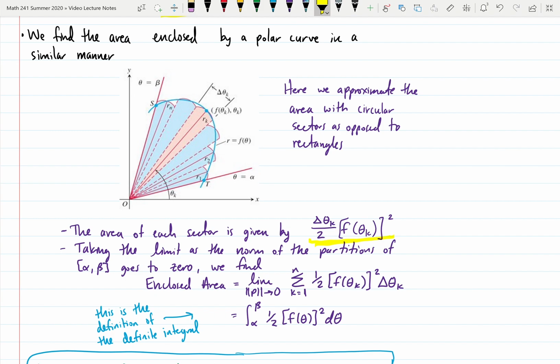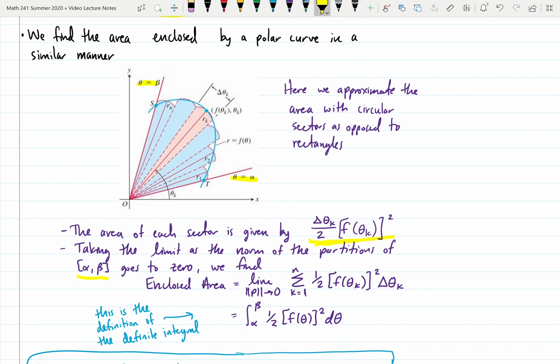And as we take the limit of the norm of the partitions of alpha to beta, I guess I should have said what alpha and beta were. They are listed in the picture. Alpha is down here, the value for theta below the curve in this case, I guess. And beta is the value for theta that's bounding the curve above, up here.